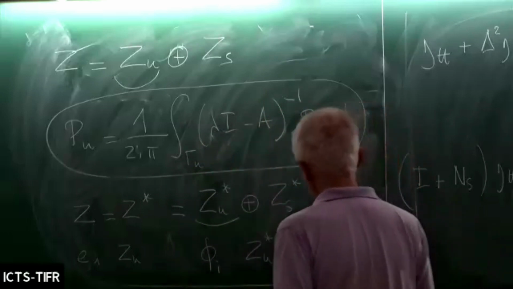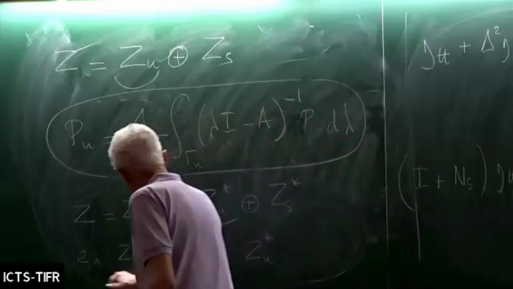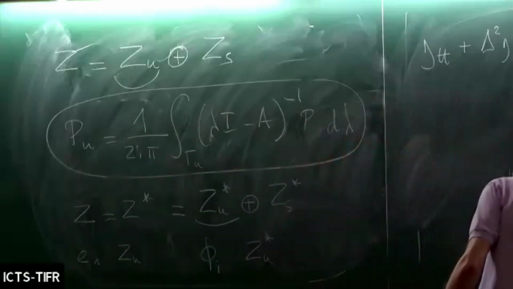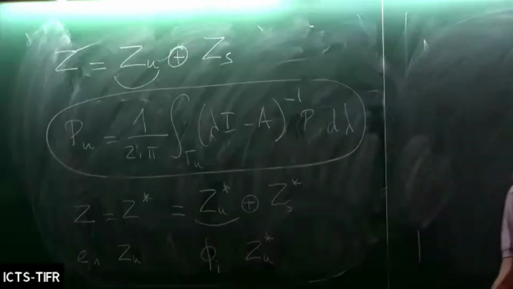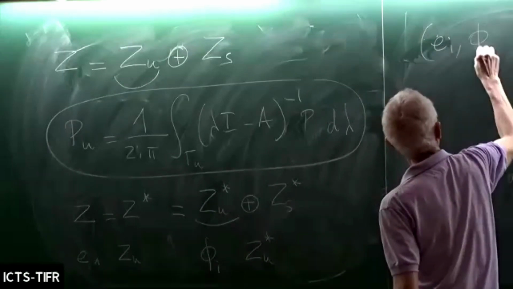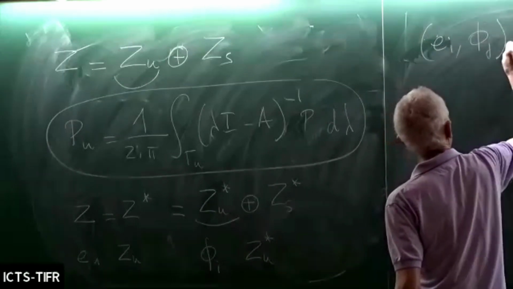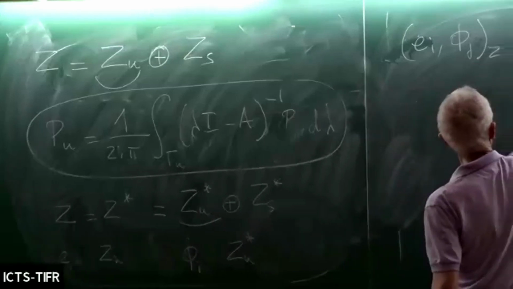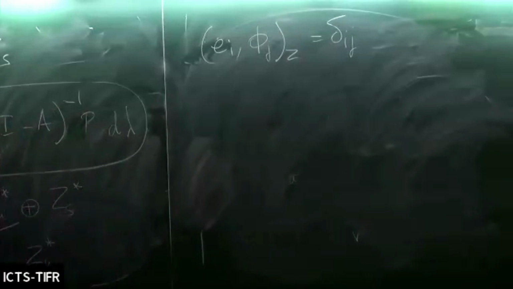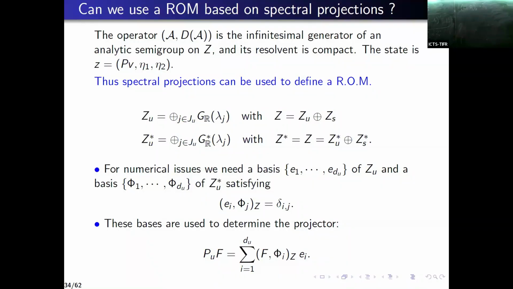You have to choose the basis in such a way that you have some bi-orthogonality condition. It means e_i inner product with phi_j in Z is equal to delta_ij, which is 0 if i is not equal to j and 1 otherwise.